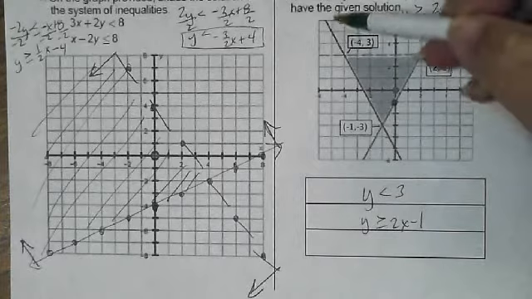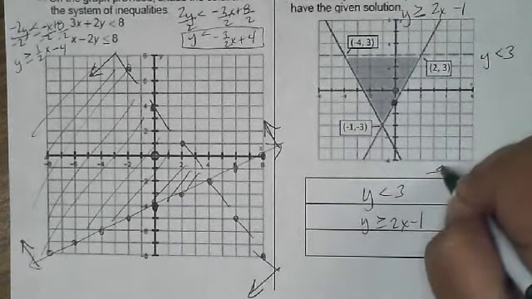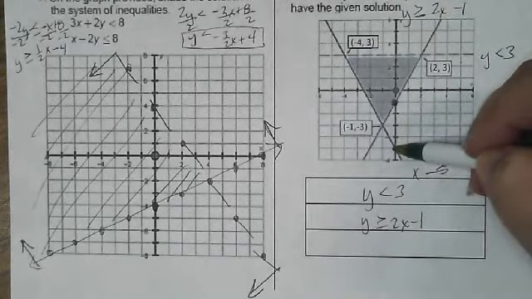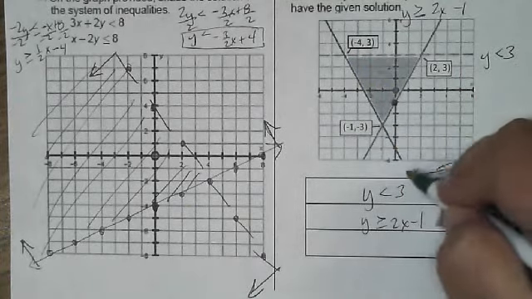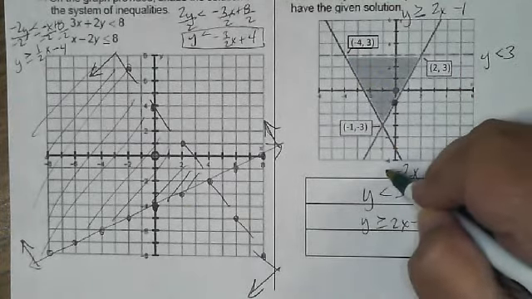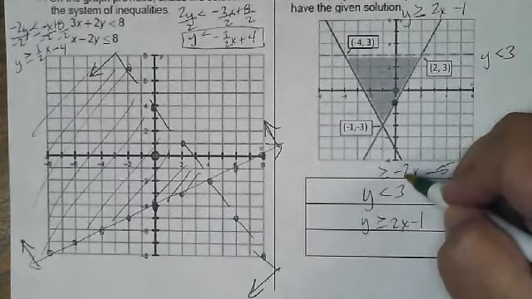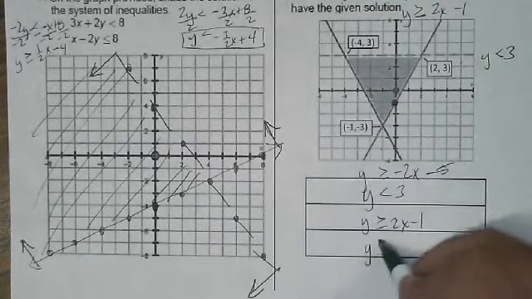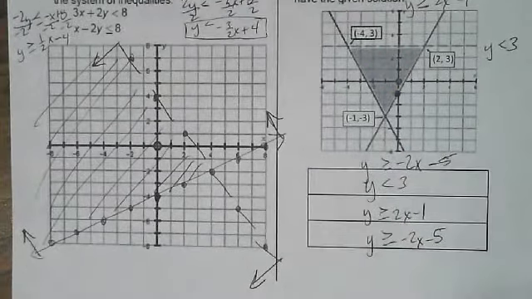Our last one is this one over here that intersects at negative 5. And our slope here, the rise is a negative 2, the run is 1, so negative 2x. Again, it's above, greater than. And you're done. That's number 2.